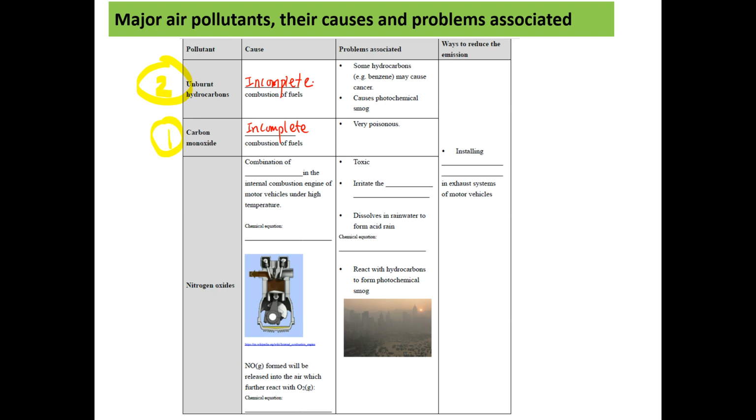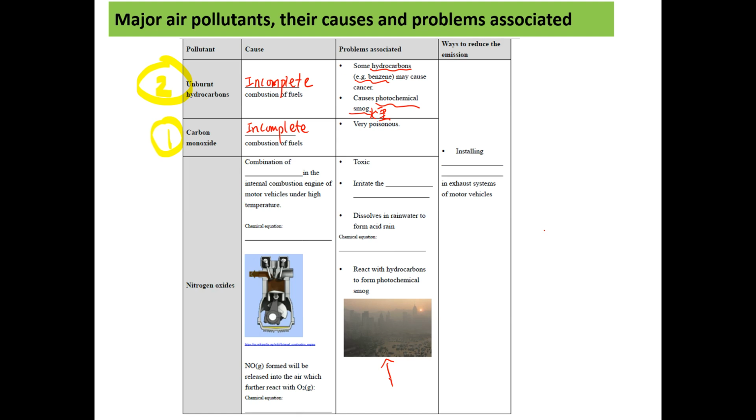So if the unburned hydrocarbon goes into the atmosphere, as you know, some hydrocarbons, for example those aromatic hydrocarbons, can be carcinogenic. That means they may cause cancer. And also it may cause a situation called photochemical smoke. Smoke means the smoke. So actually this picture is a picture with photochemical smoke.